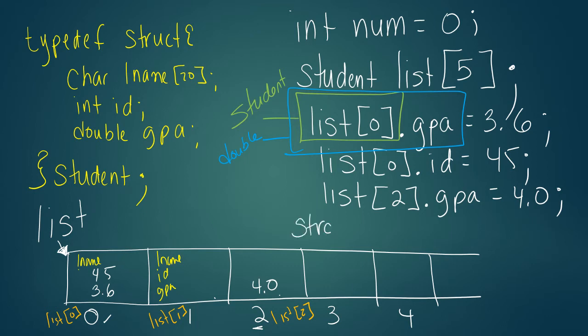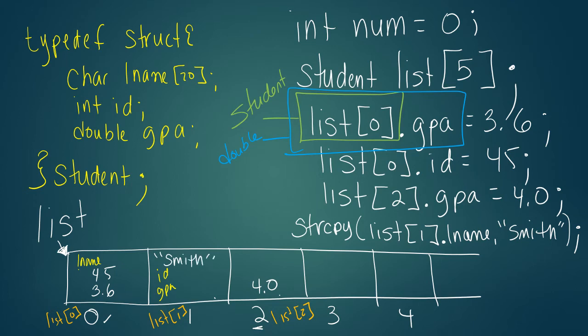String copy, because this is C, into list at index 1 dot lname, Smith. So I would go to list at index 1, go where the lname is, and put Smith.